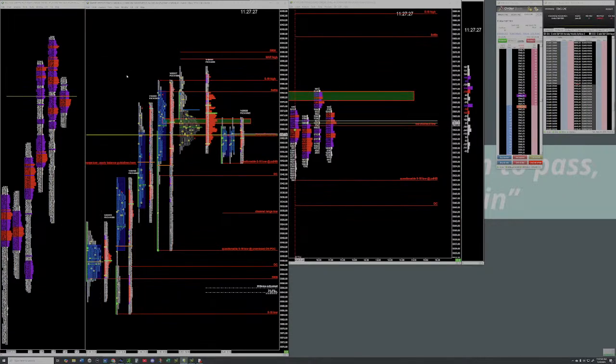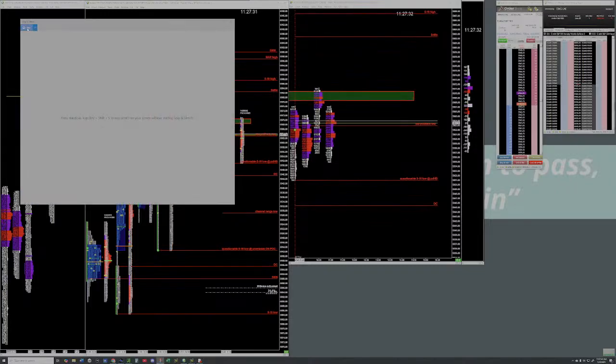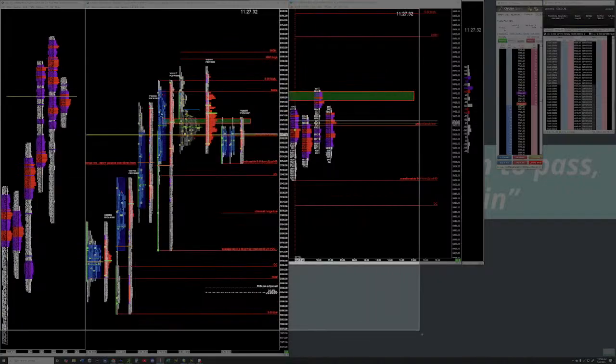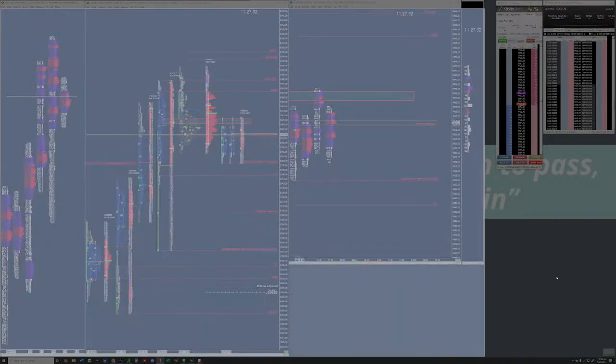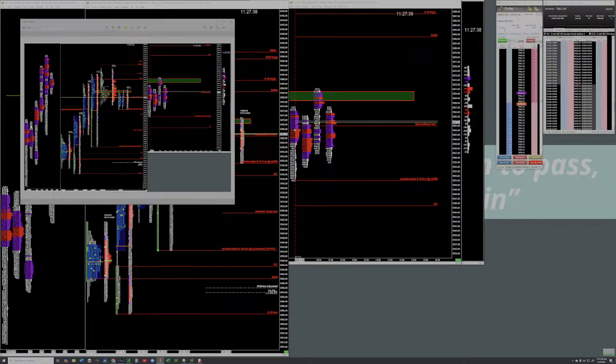Right, and it is this one. Look, notice the accumulation value here or volume here.